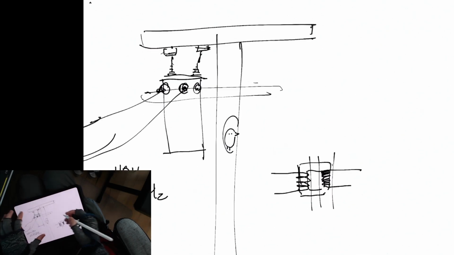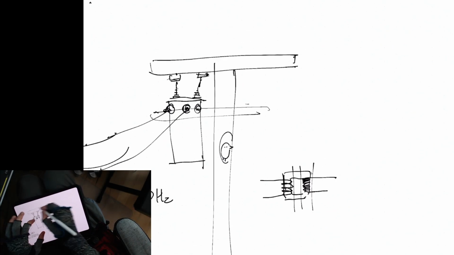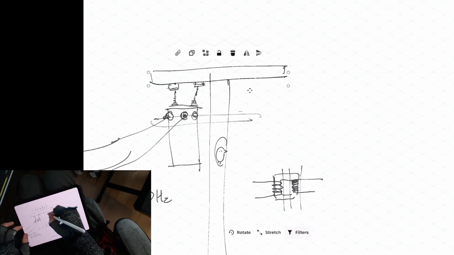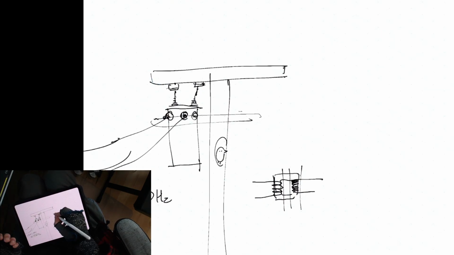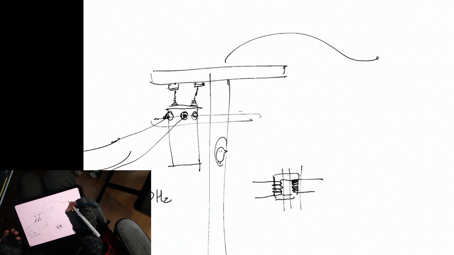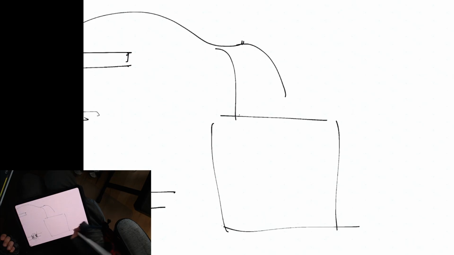But remember, whatever's going onto this utility pole goes somewhere. This probably goes off down a series of other utility poles, and eventually it goes over to a substation.